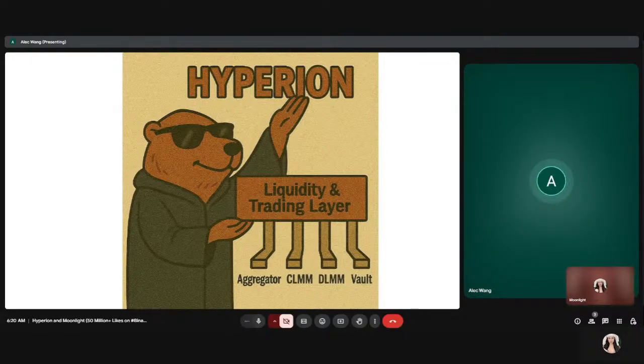But for DLMM, the strategy itself will automatically change the price range, so that if the USDC to USDT pair is trading above your range, your set price range will automatically move higher. You can still earn the LP fees, and those traders can still get very favorable slippage because the LP providers have changed their price range. So that's how DLMM works.